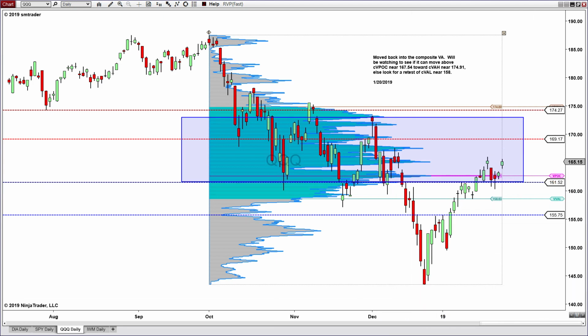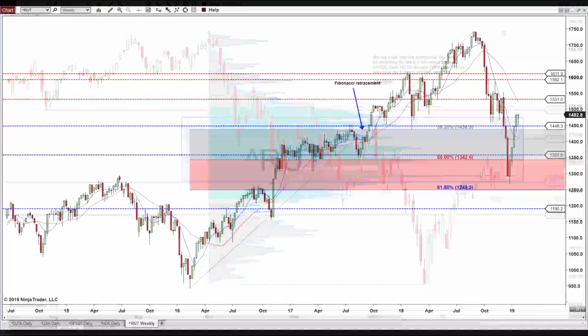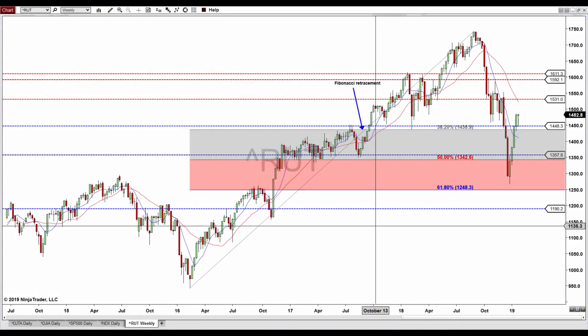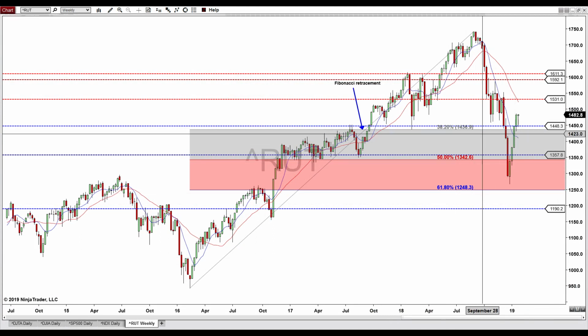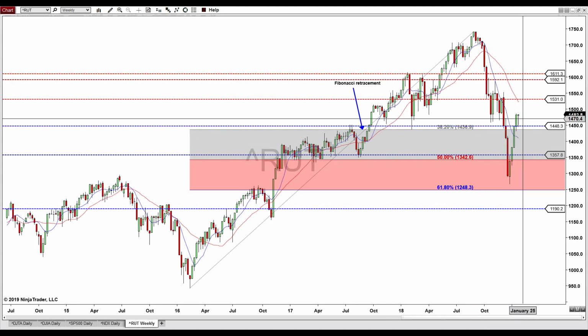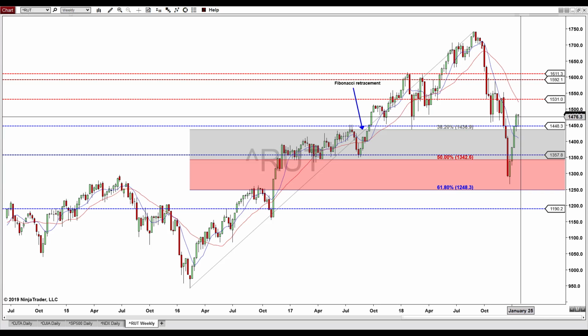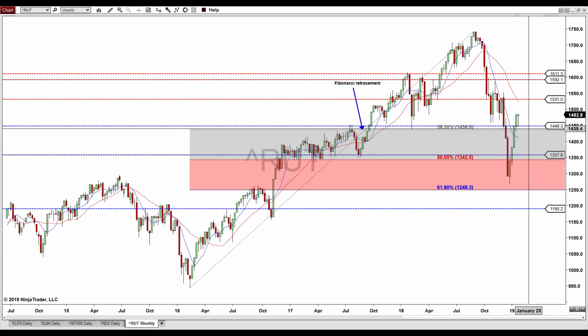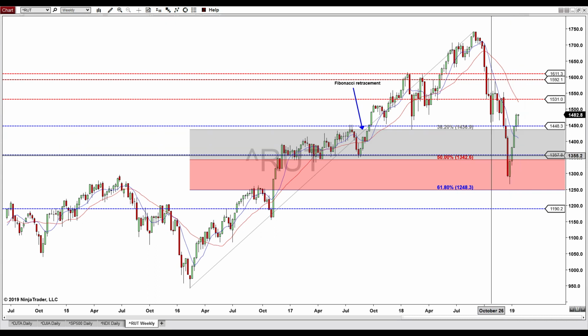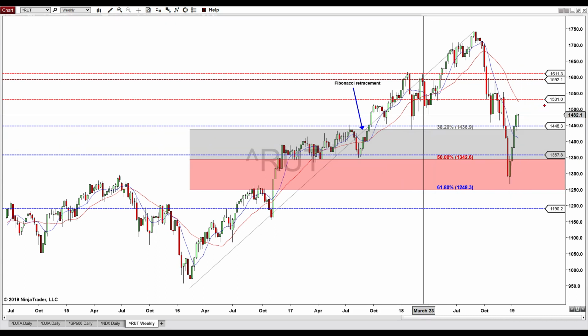Okay, so let's take a look at the Russell 2000, starting off with the index, the weekly chart here. Again, it has an inside bar, inside hammer, a hanging man, and it is above the 38.2. So what I'm looking at is to see if it continues to move up into this 1531 area here.